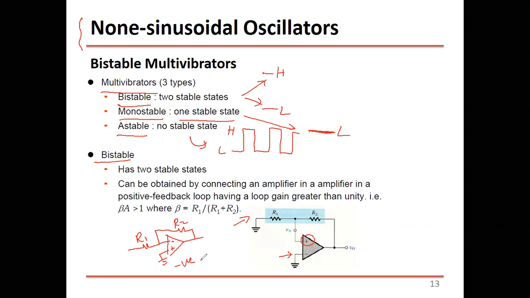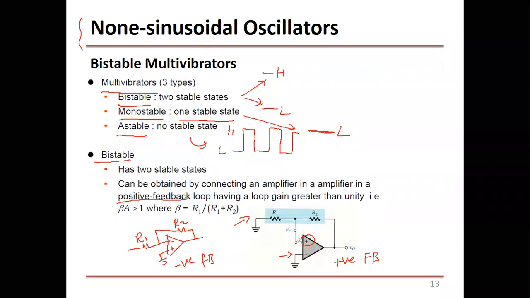But this one is positive feedback. Always when you need to have an oscillator or a comparator, you use a positive feedback. Remember, in the filters and feedback circuits that we studied, we used negative feedback. But in this case, since we are generating oscillators, we need the output to alternate between the maximum and the minimum, to saturate either to the positive saturation level or to the negative saturation level. So we have to use a positive feedback.